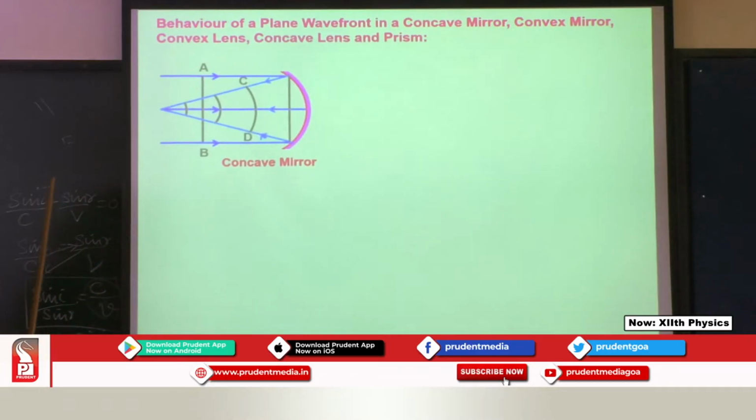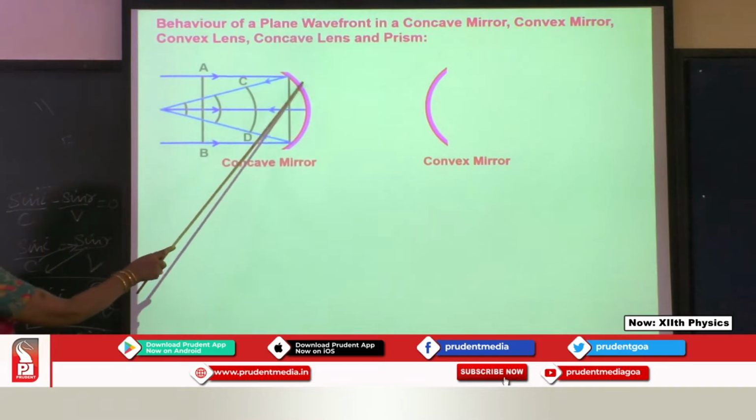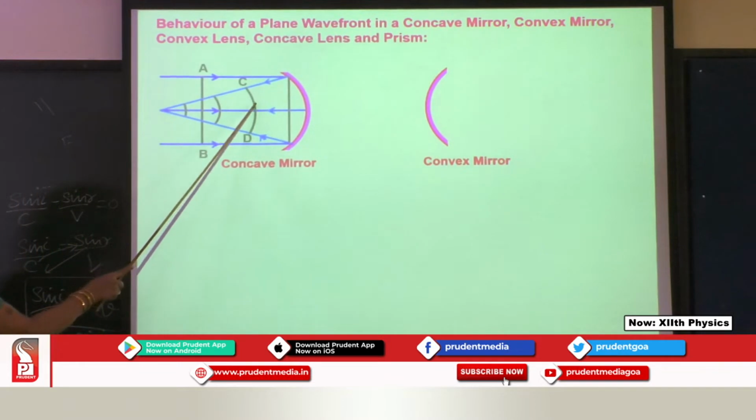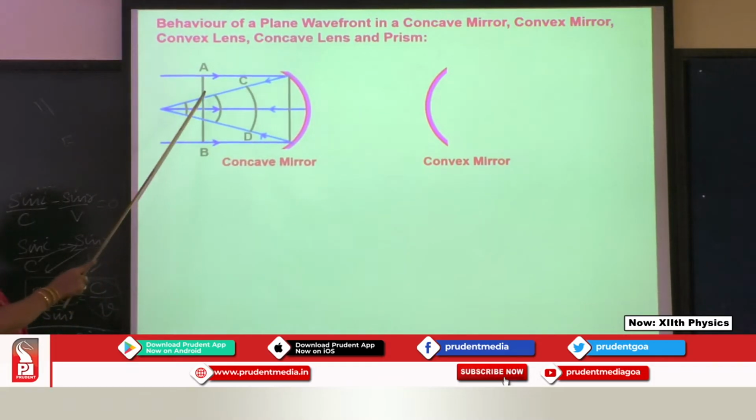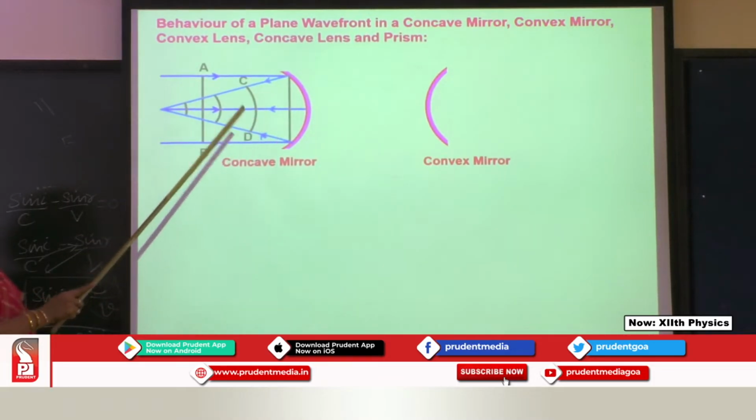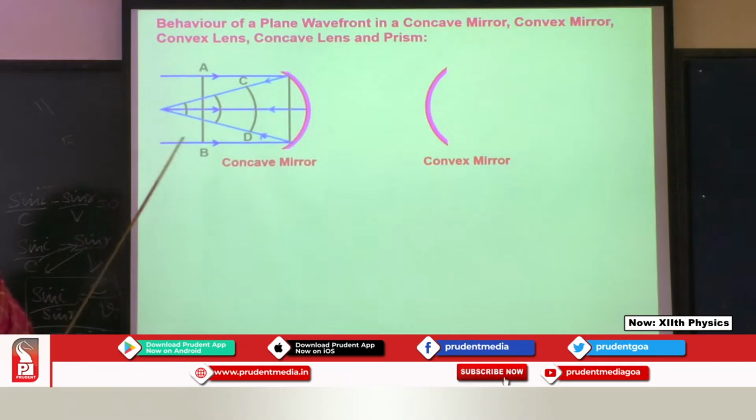If it is a concave mirror, the reflected wavefronts are also of the same concave shape.